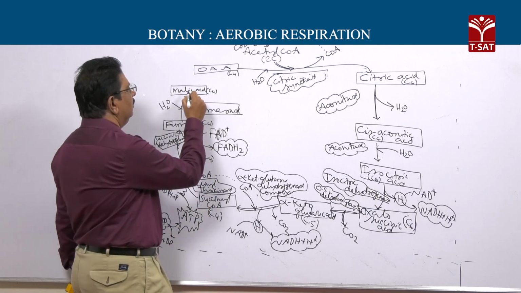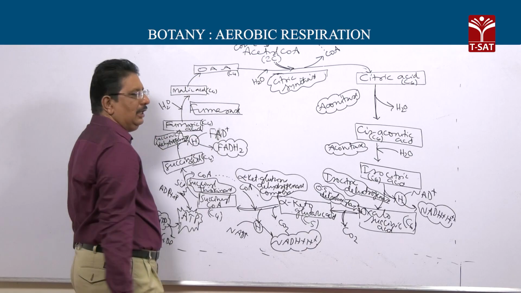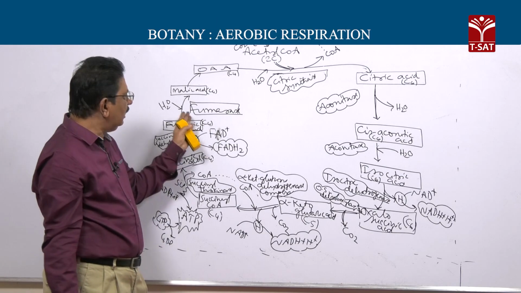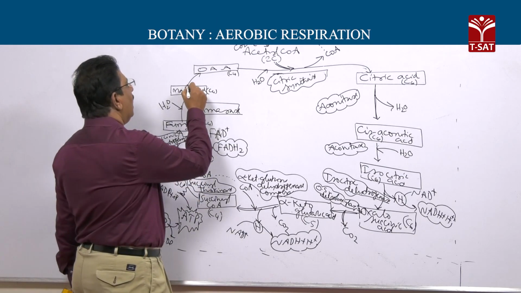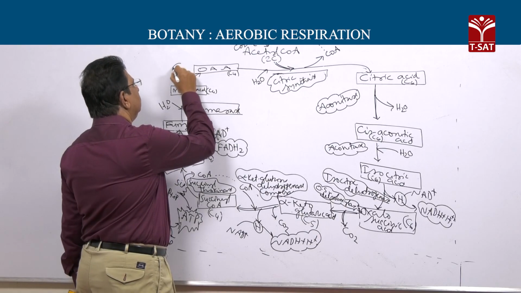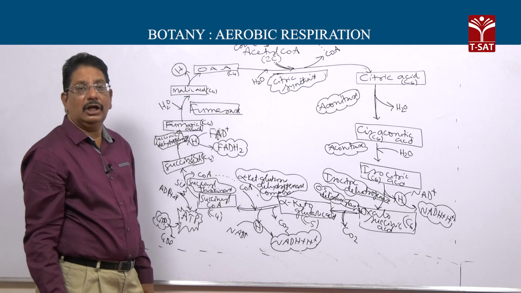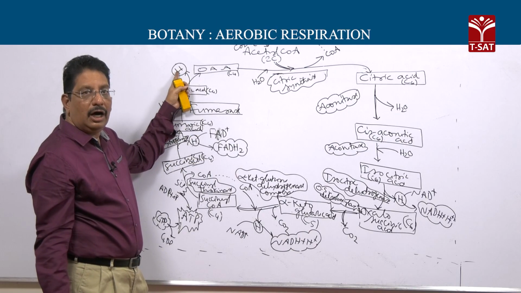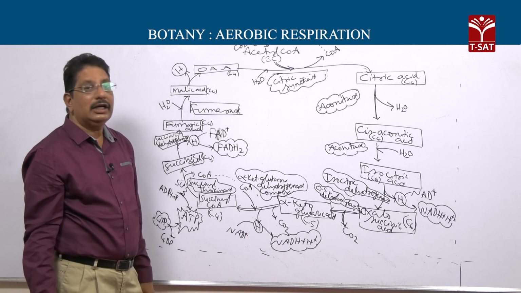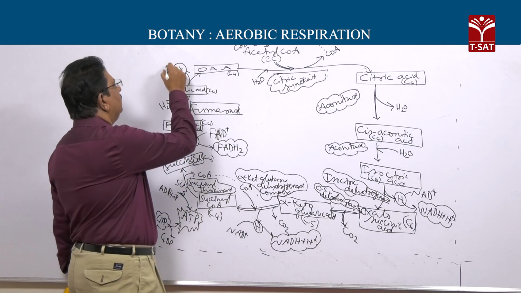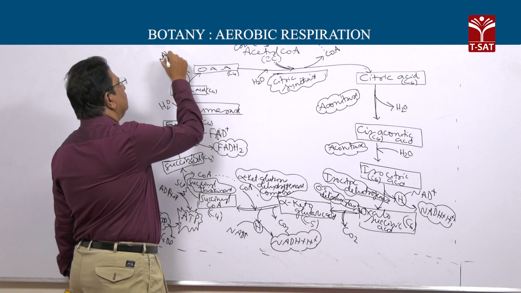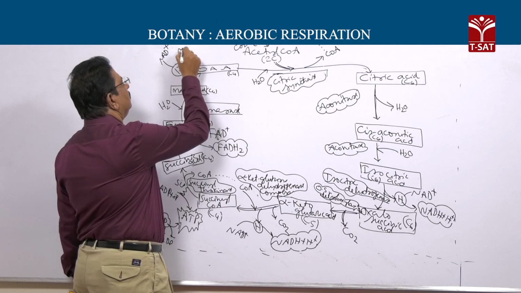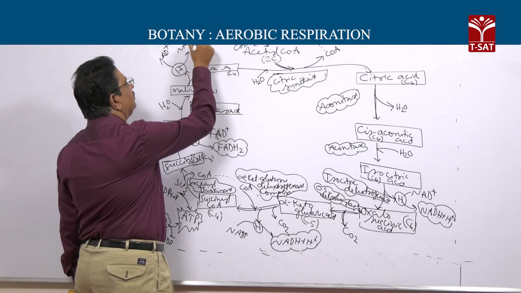So finally, the C4 compound malic acid is regenerated into OAA, converted into OAA after losing hydrogens. In the last step, malic acid undergoes oxidation into oxaloacetic acid, and these hydrogens are taken by NAD plus, which converts into NADH plus H plus.